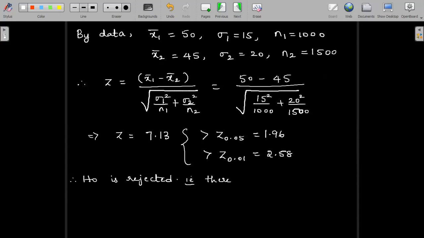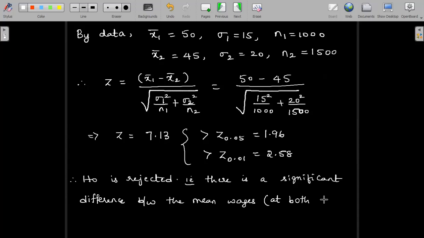There is a significant difference between the mean wages. And this is at both the levels of significance. So at both the levels of significance, we obtain that there is a significant difference.